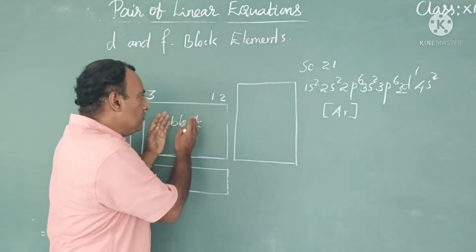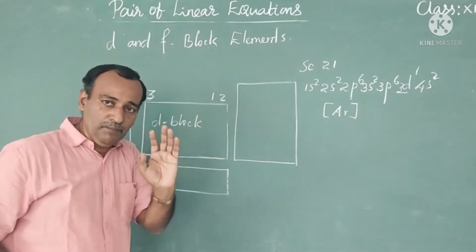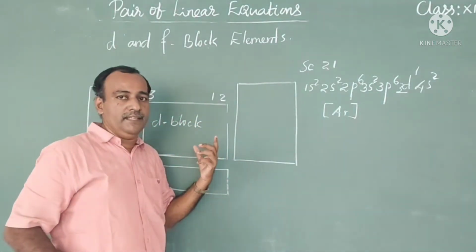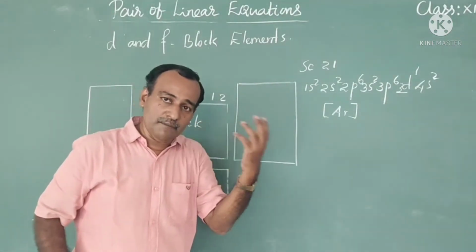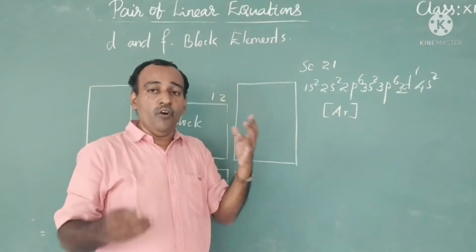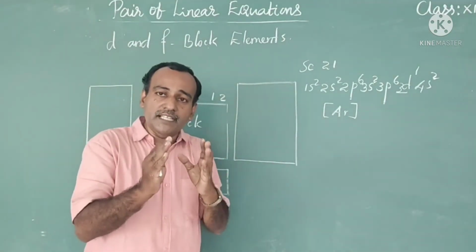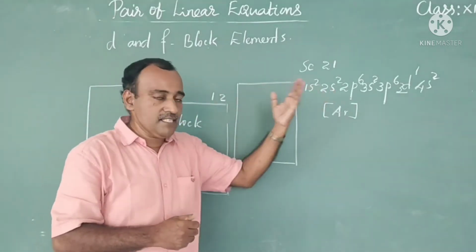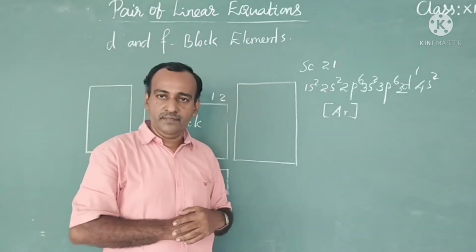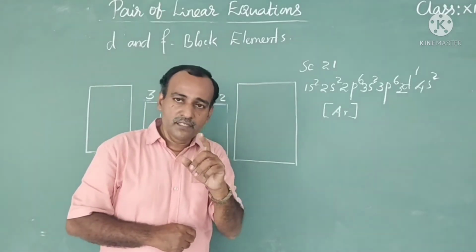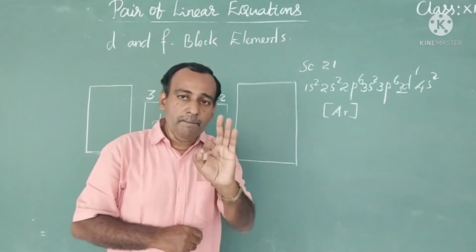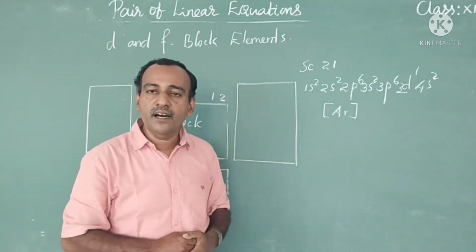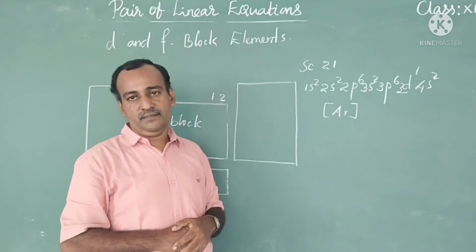The elements of group number 3 to 12 are called D block elements because if we write their electronic configuration, the last electron enters the d orbital, and the d orbital is present in the penultimate shell. Penultimate shell means last but one. So the elements which possess partially filled d orbital are called D block elements.